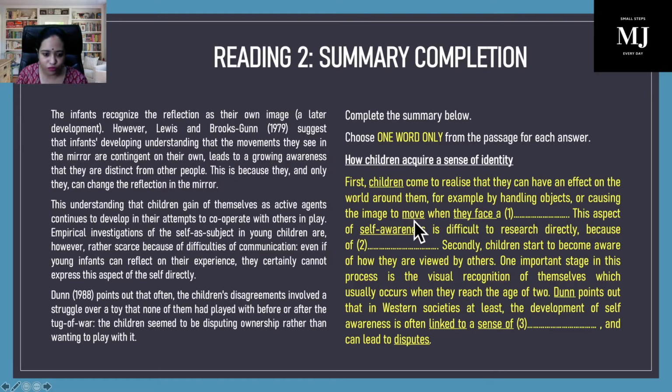Movements, when the image moves, leads to a growing awareness that they are distinct from other people, the world around them. Paraphrased: distinct. That means realize, so developing understanding, recognition is all about realization.